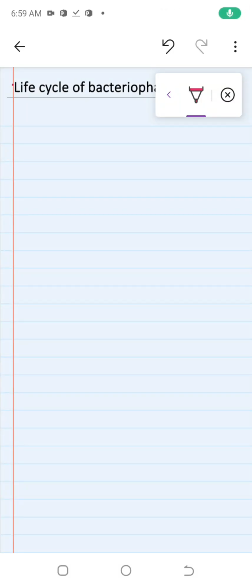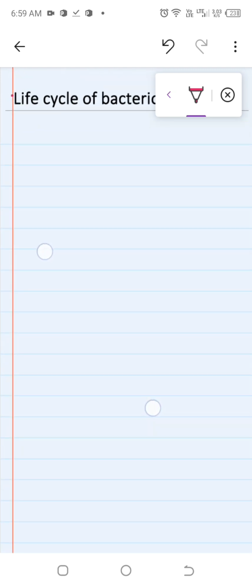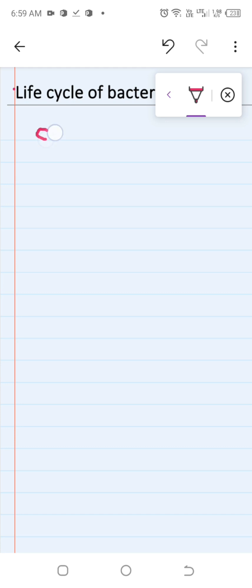We're going to discuss the life cycle of bacteriophage. A bacteriophage completes its life cycle in two ways.